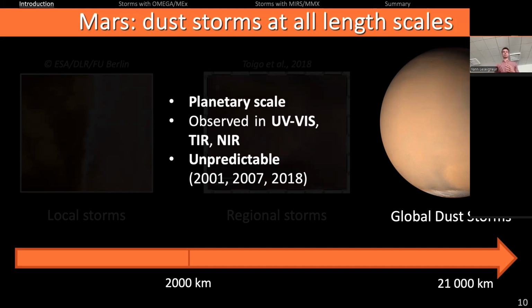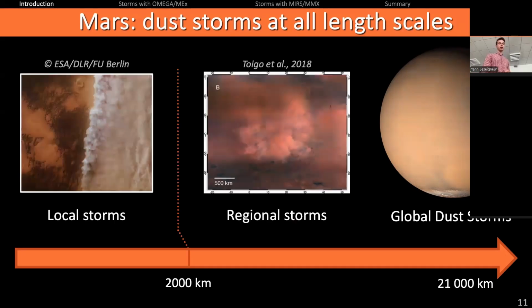And this is the biggest mystery, I think, for the atmospheric part of Martian study: why we have this kind of global dust storm. So here we have all these dust storms, and I will focus more on local dust storms and global dust storms in this presentation.